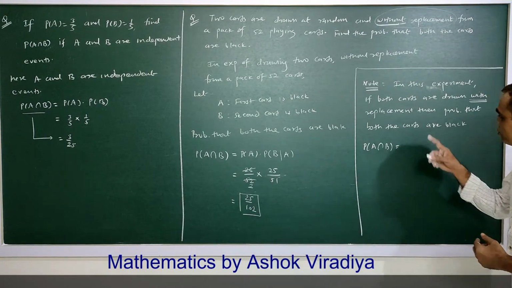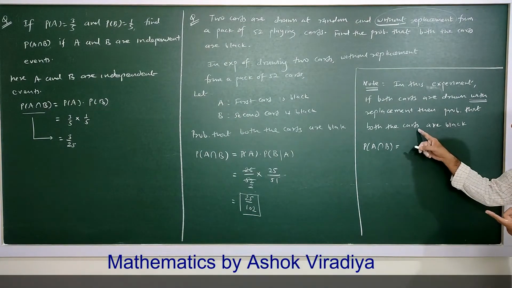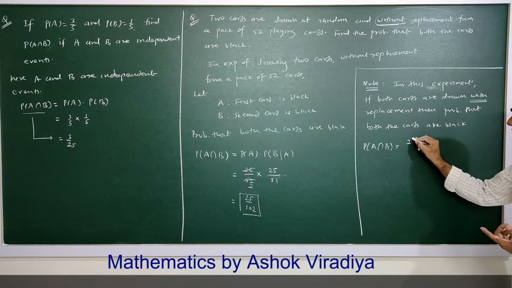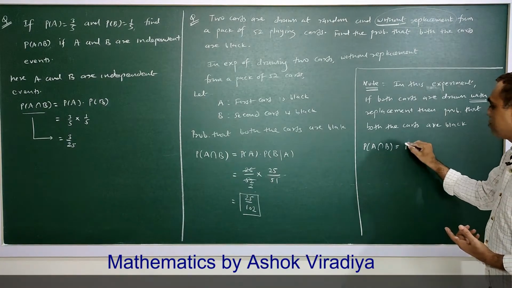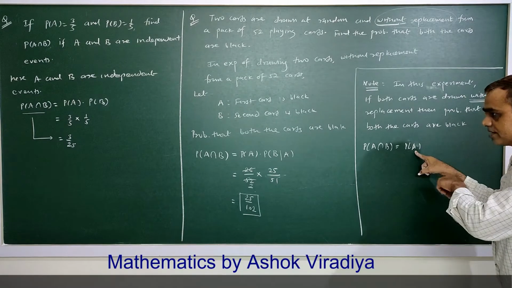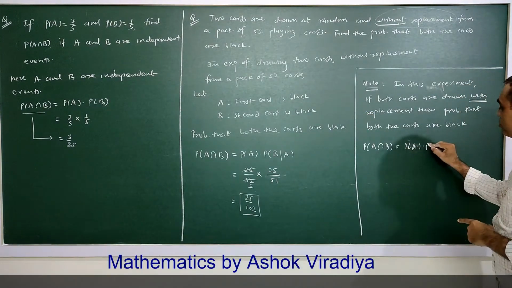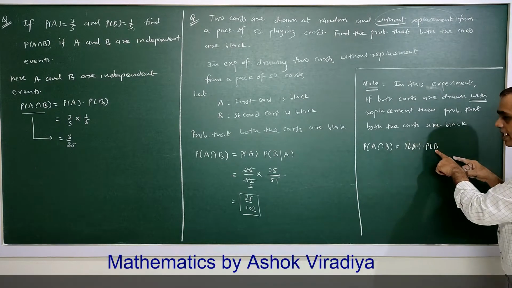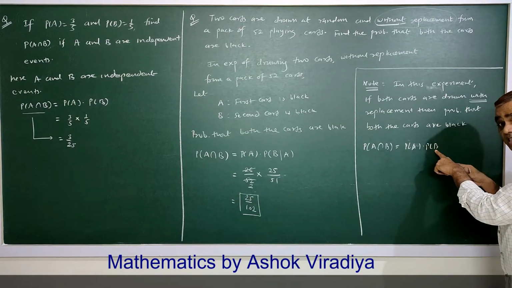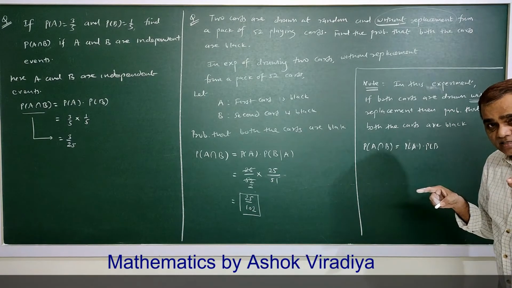So first time when you take a black card, there are 26 black cards, so this can be written as probability of A has occurred. First card is black. Now the second card is black, but this is with replacement.